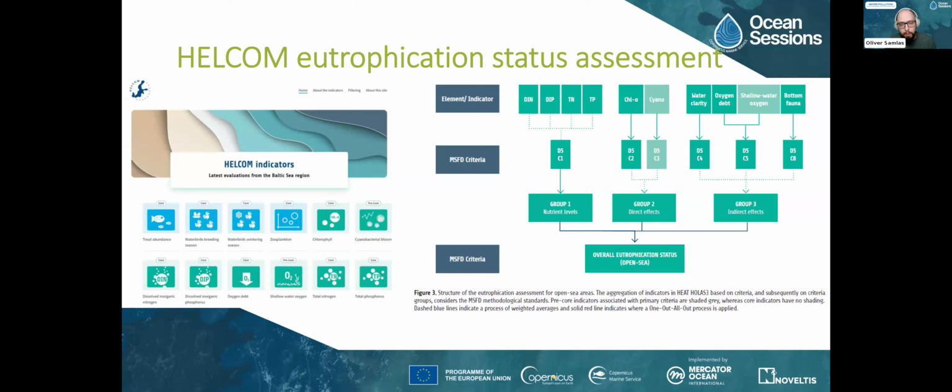The first is the nutrient levels: you have your nitrogen and phosphate there. Then the direct effects, which are chlorophyll A and the cyanobacterial bloom index. And finally, the indirect effects, which are the water clarity, oxygen depth, shallow water oxygen, and bottom fauna. And to ensure high confidence of these assessments and to minimize the potential influence of natural variability, long-term and systematic measurements are required.